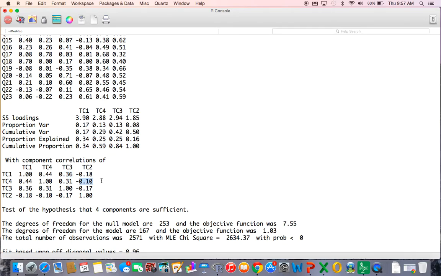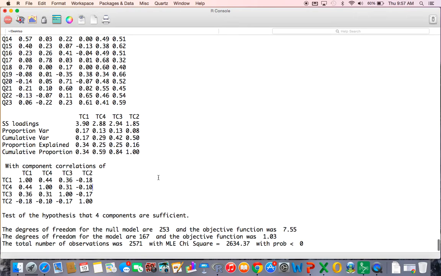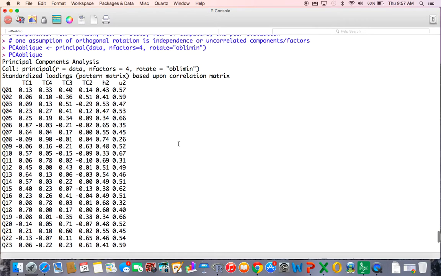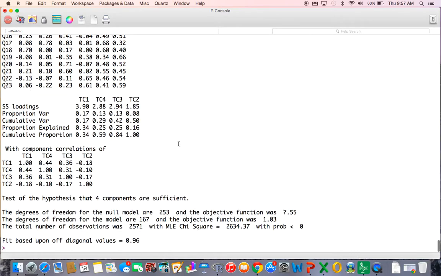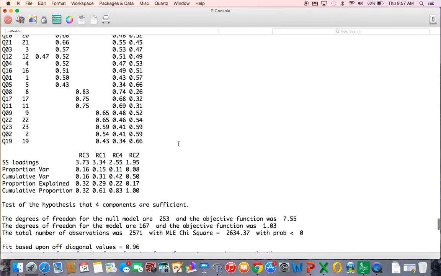Component 2 and component 4 are not highly correlated at negative 0.1. Doesn't matter. So this kind of raises the eyebrow and makes me think that the oblique rotation may give me different results than the other. So let me go back up.